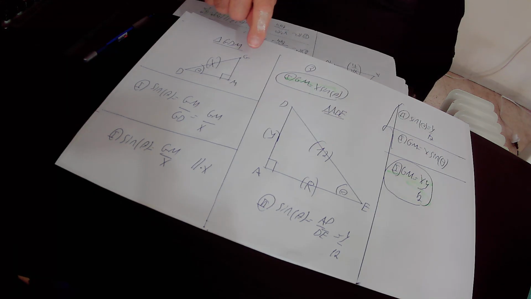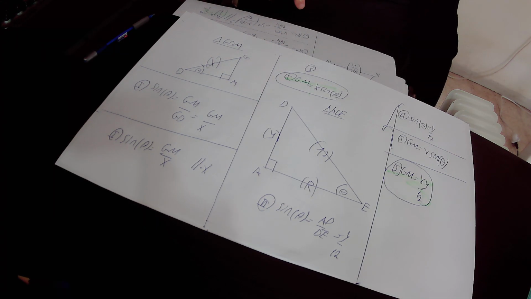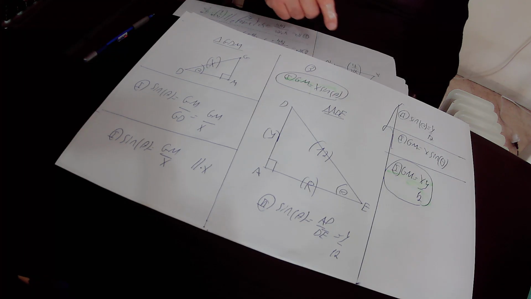GM is the missing side, so we leave it as it is. GD is x, therefore we substitute GD by x. So in total sine theta, according to equation 1, equals GM over x. If we multiply equation 1 by x, we finally find that GM equals x times sine theta.